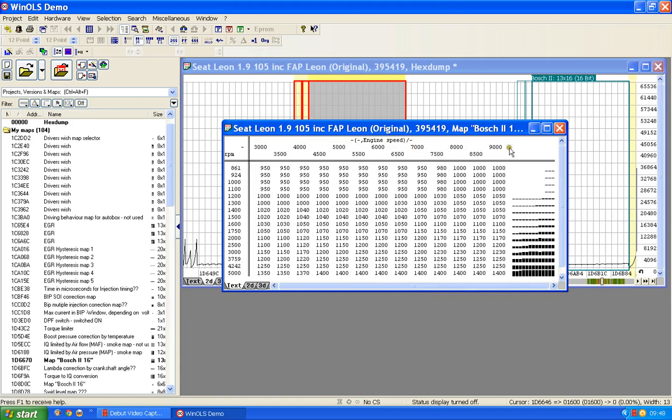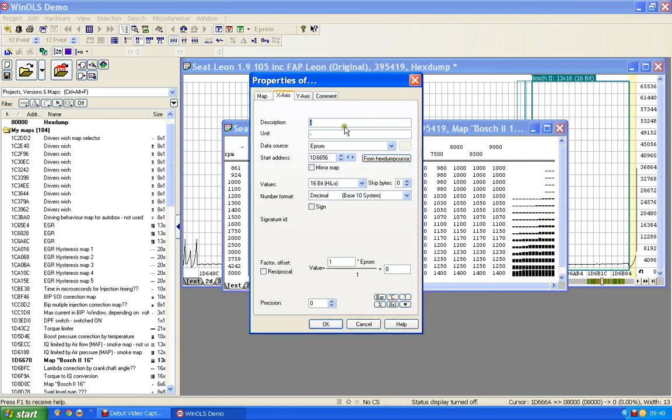This looks like it's MAF airflow. It's just a factor too big. In other words, it's 10 times too big, because I would expect this to be 850 and 900. So I'm going to assume that that is not MAF, I'll just call it mass air flow. I'll just put in brackets MAF, which is what I often call it.